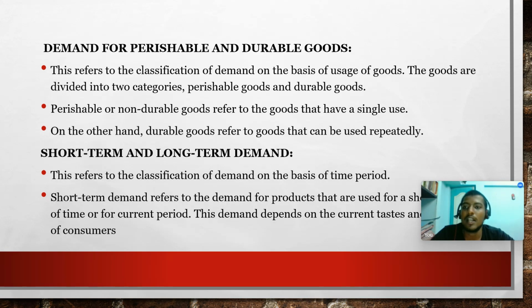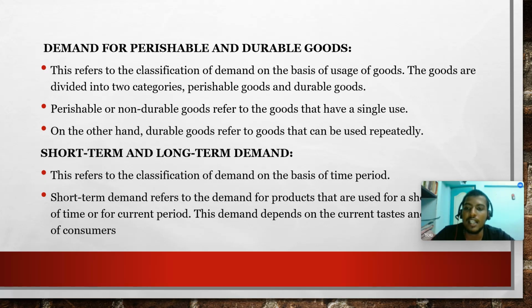Next, demand for perishable and durable goods. This refers to the classification of demand on the basis of usage of goods. These goods are divided into two categories: perishable goods and durable goods. Perishable goods are non-durable goods that have a single use.